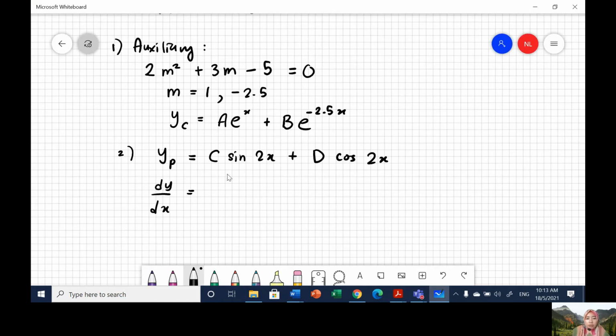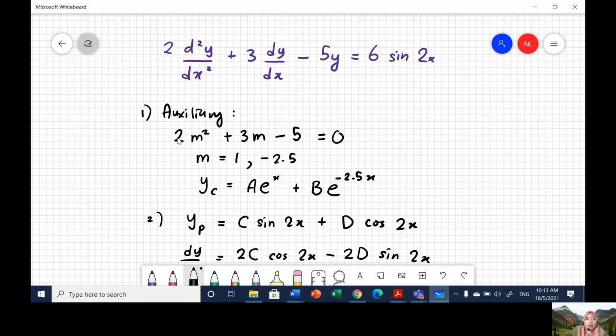So when we differentiate, we have 2c cos 2x, and for the derivative of cos we get a negative sign, so we have negative 2d sine 2x. So this is our first derivative.